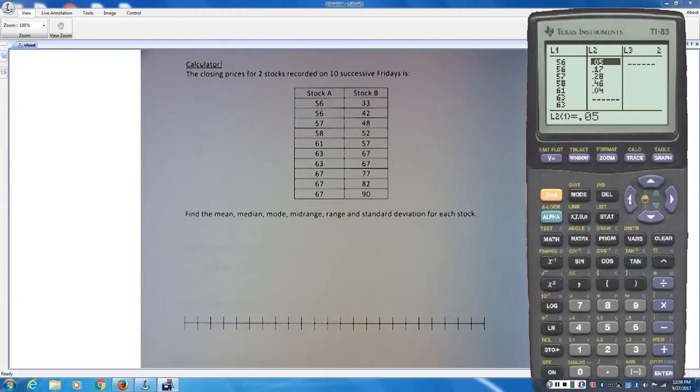And then in list 2, I want you to put stock B. Okay, and I must have left one out because my list is too short, so. Okay.